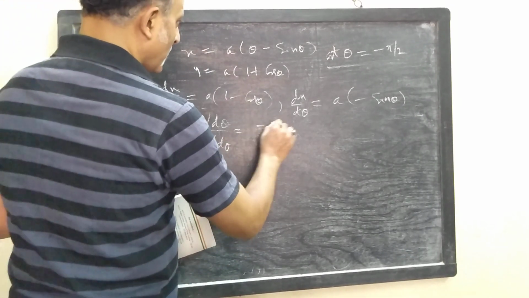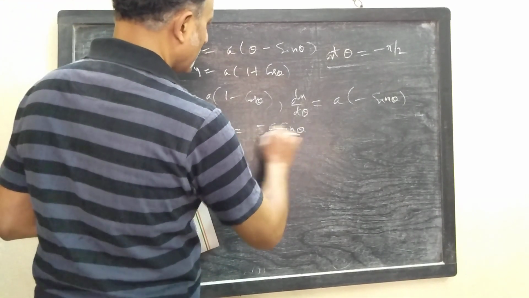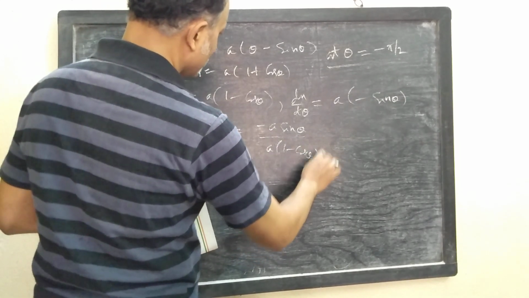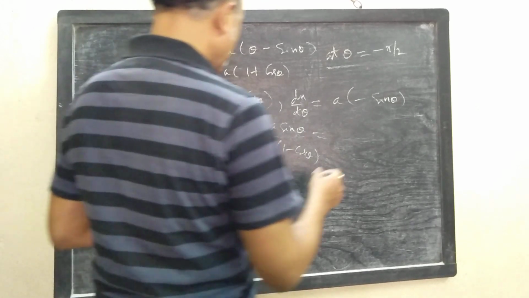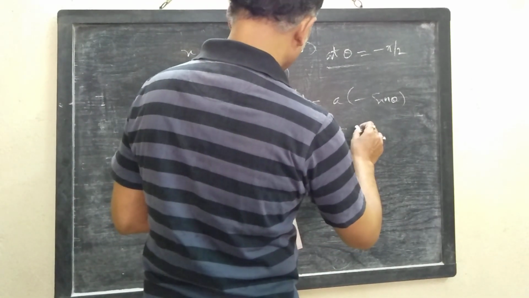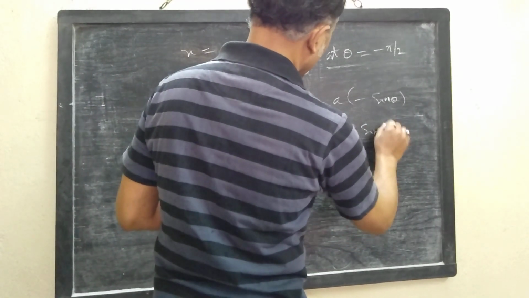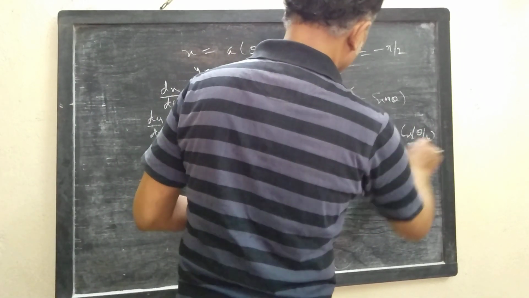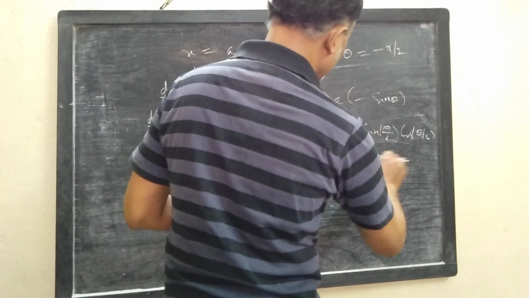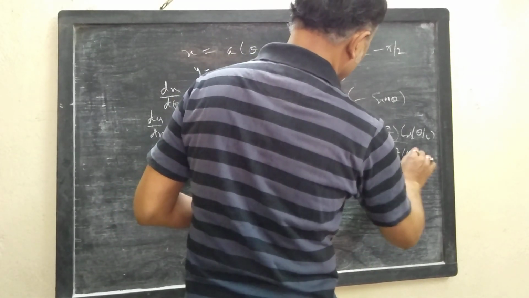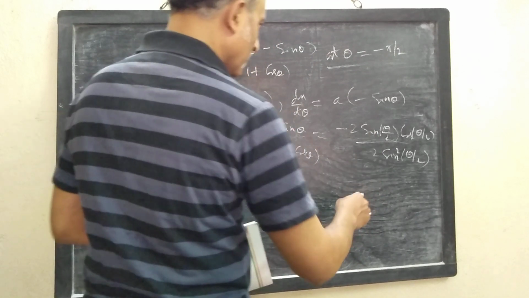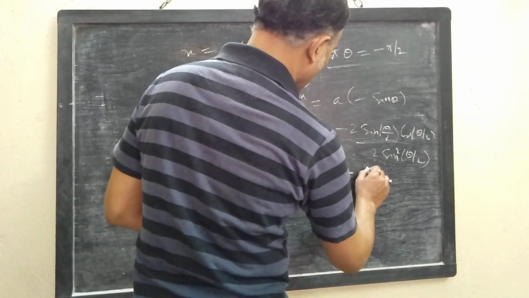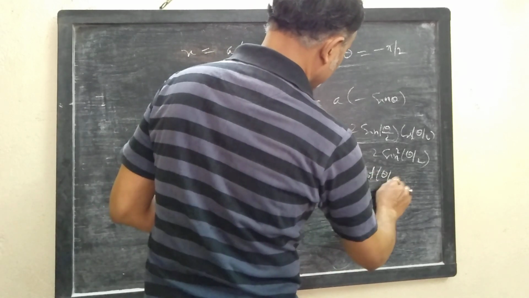So this will be -a sin theta by a into (1 minus cos theta). a is cancelled here, so minus, instead of sin theta you write 2 sin(theta/2) cos(theta/2), and now 1 minus cos theta is 2 sin²(theta/2). So this will ultimately become -cot(theta/2).